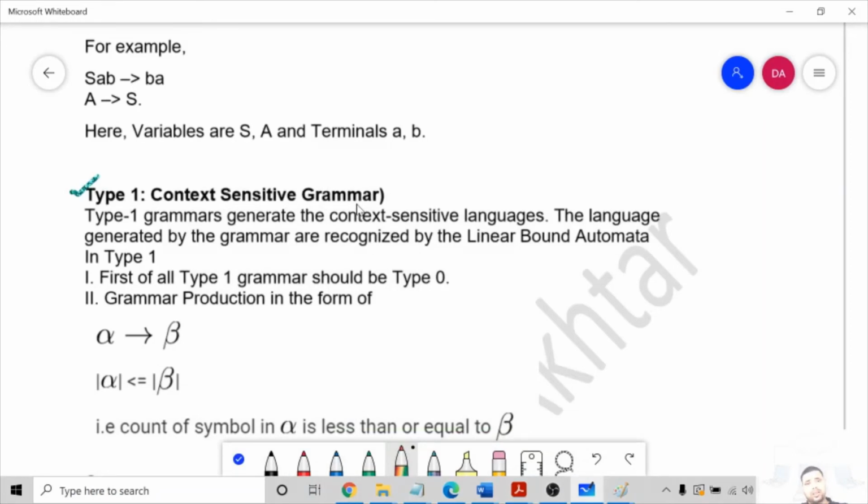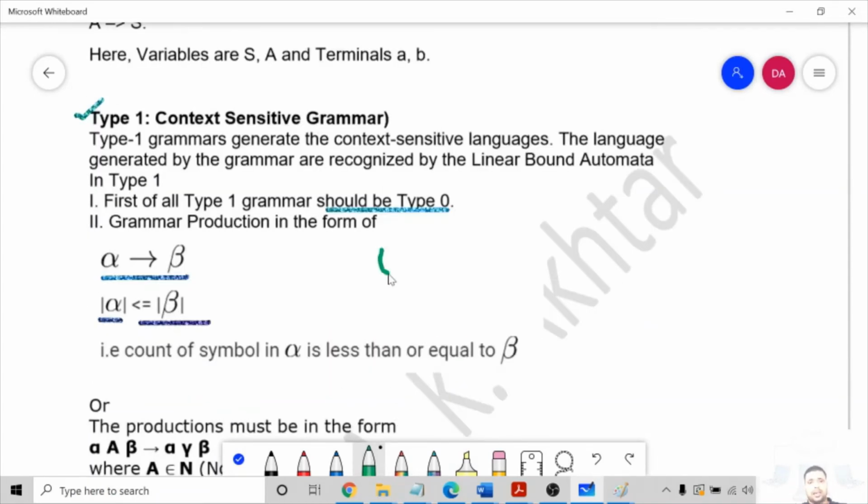Coming to the next grammar, this is type 1 grammar or non-contracting grammar. Why it is called non-contracting or length increasing grammar, we'll discuss. First, this type 1 grammar should be in type 0. And if the production is in the form alpha tends to beta, then the length of alpha must be less than or equal to the length of beta, meaning the count of symbols in alpha is less than or equal to beta.